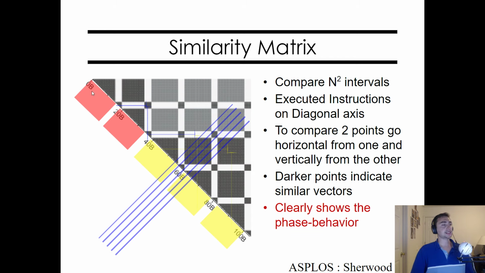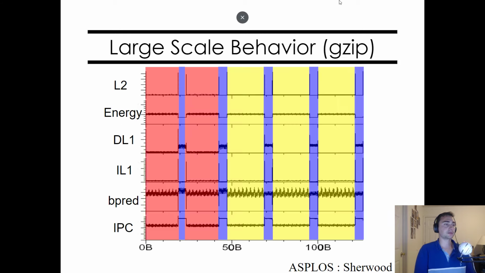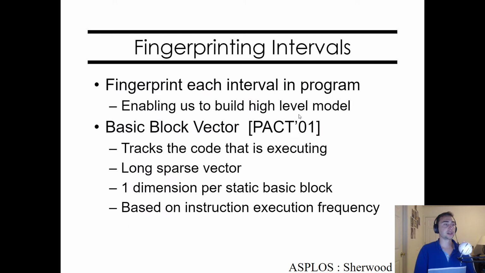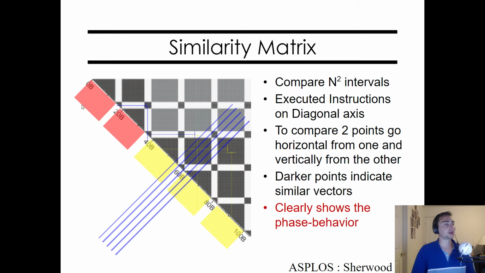But what you see is that there are these periods. So this corresponds to, if we go back, I believe gzip. You see we use these colors to denote red, kind of purple, blue, and then yellow. We see that these correspond to these similarities in execution.